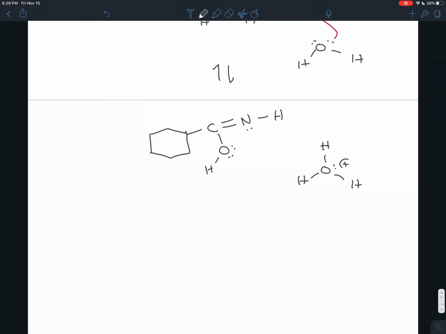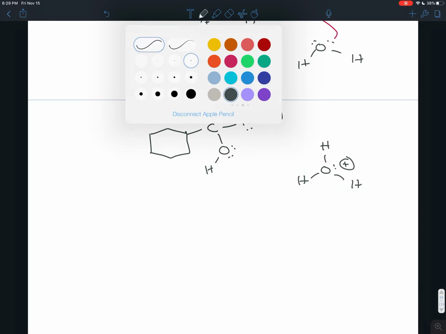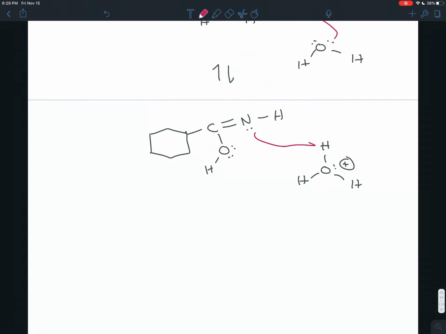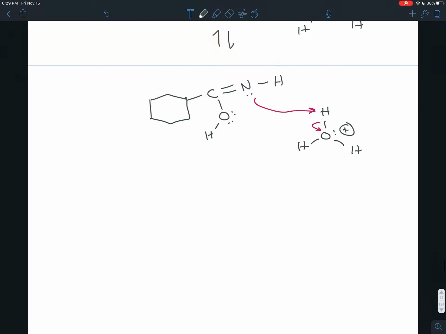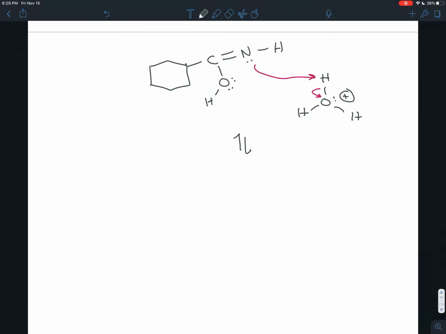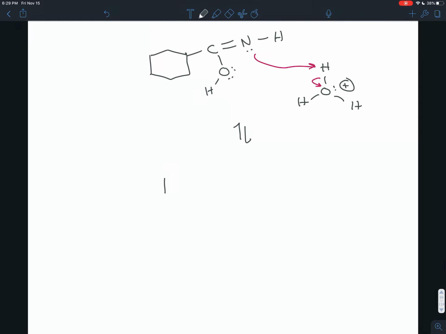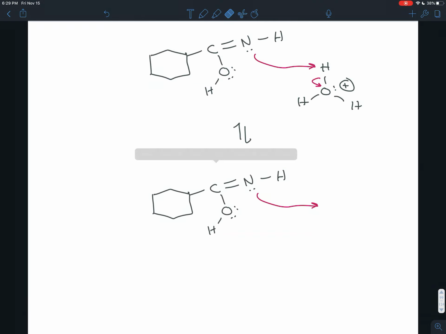The nitrogen acts as a base yet again and steals a hydrogen from hydronium. The electrons snap back onto the oxygen there. So what we get after that step is a nitrogen with a full positive charge because it has 4 bonds on it.